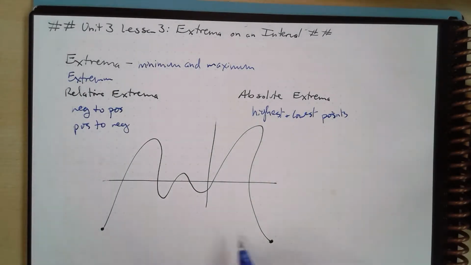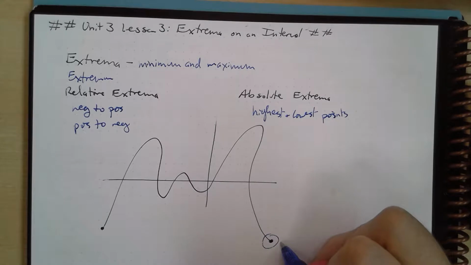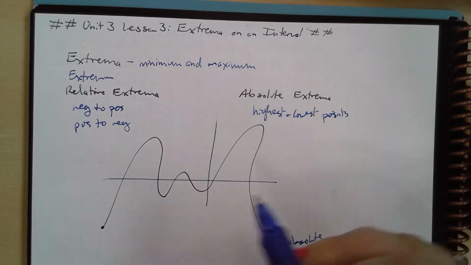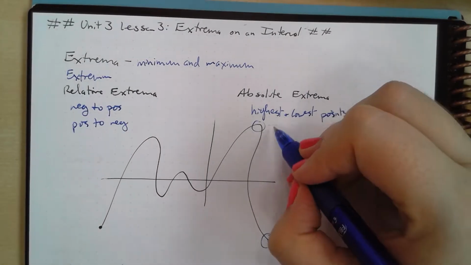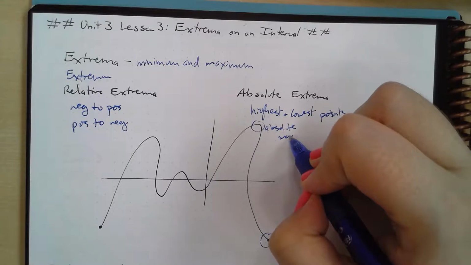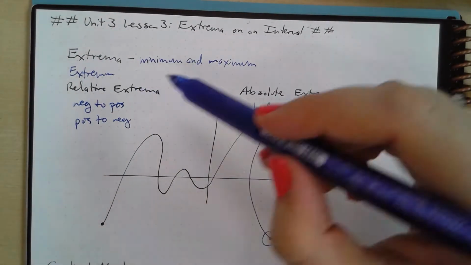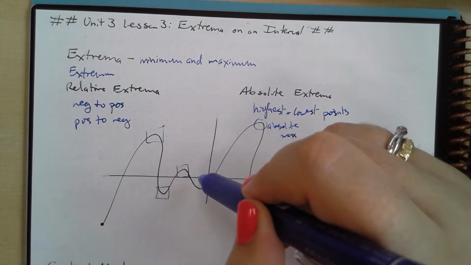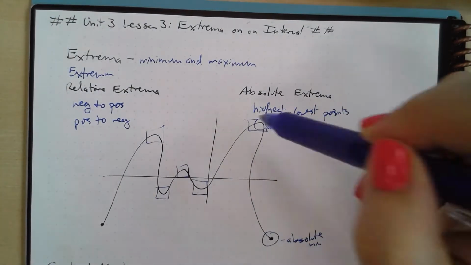So here in this graph, this is our absolute minimum, and our absolute maximum is here. But our relative extrema, I'll box those. This is a relative extrema, this is a relative extrema, and so on.